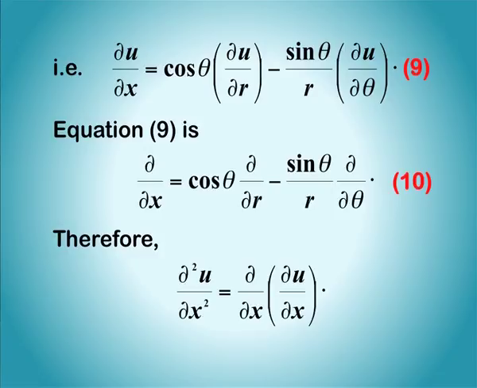And therefore, this whole thing I can write anew, though this result is not new: d2u upon dx square can be written as d dx of du dx, second order partial derivative. I will remind you, we started with du dx as small p and du dy as small q, and here we have d2u upon dx square. If you recall, we called it small r, and d2u upon dy square we called it t.